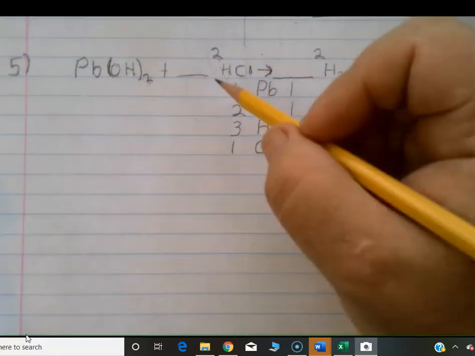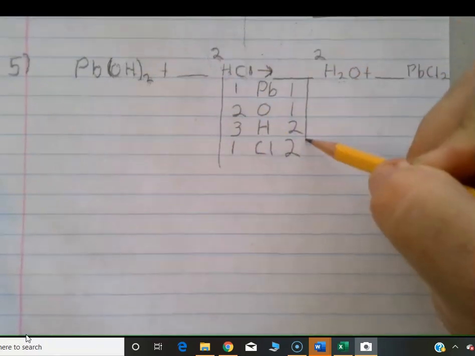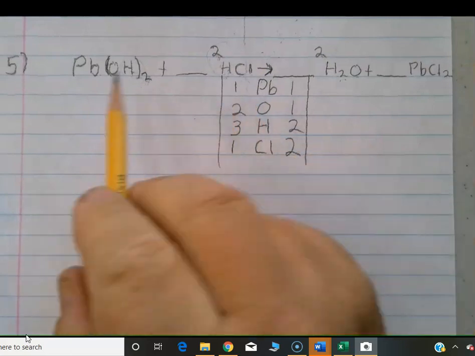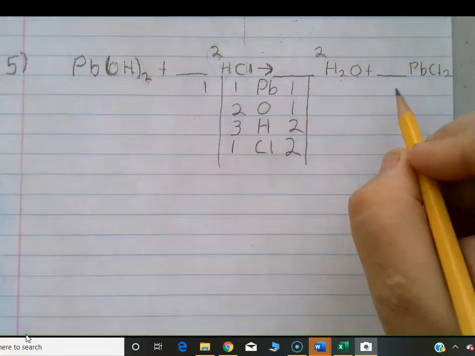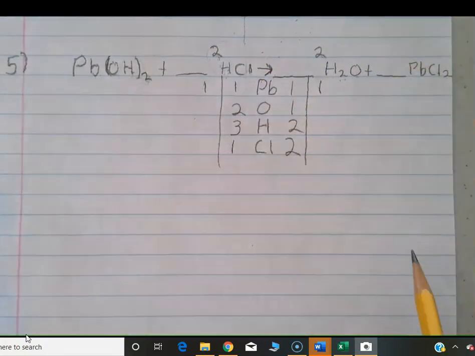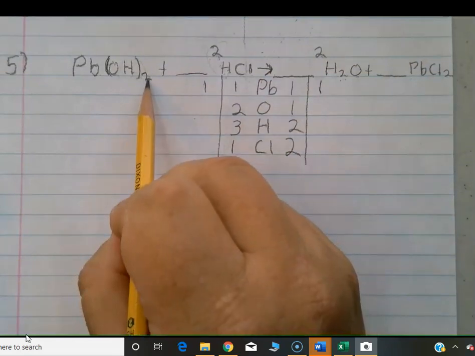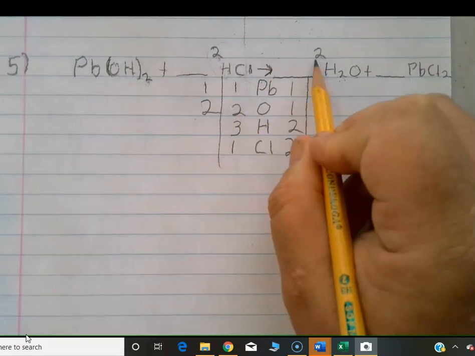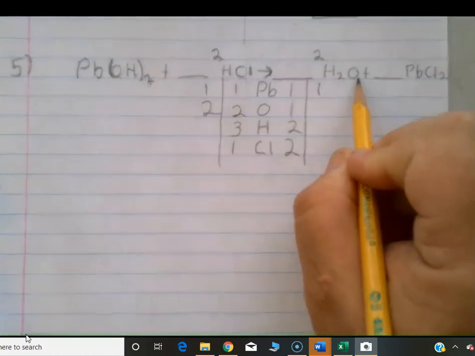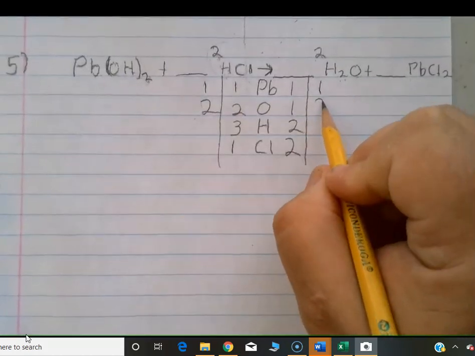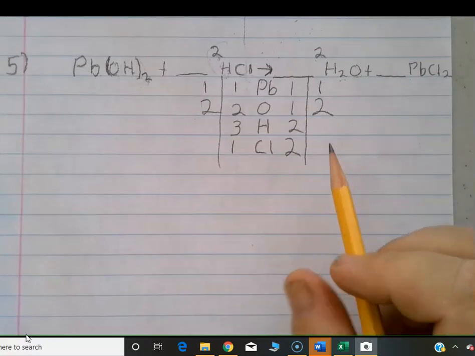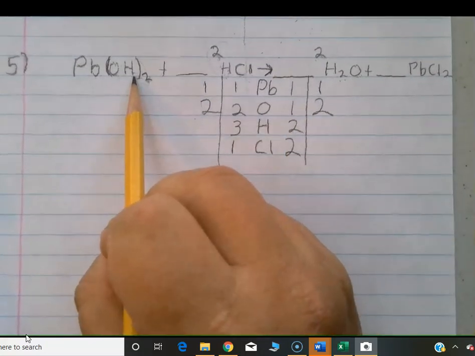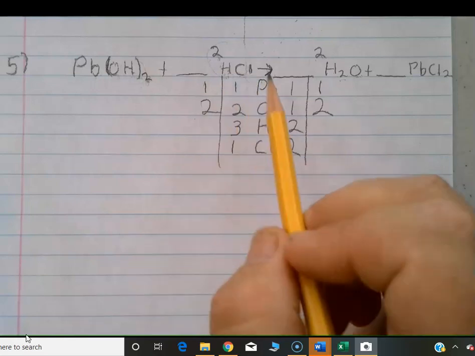So let's count. Let's just draw a line here. I have 1 lead over here and 1 lead over here. That never changed. I have 2 oxygens here, and 2 times subscript 1 there. Hydrogen, I have 2 times 1 is 2, and 2 times 1 is 2, that's 4.